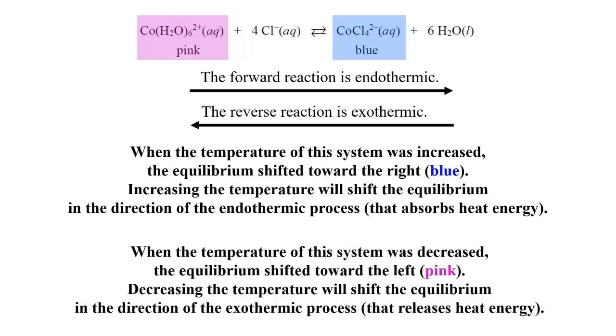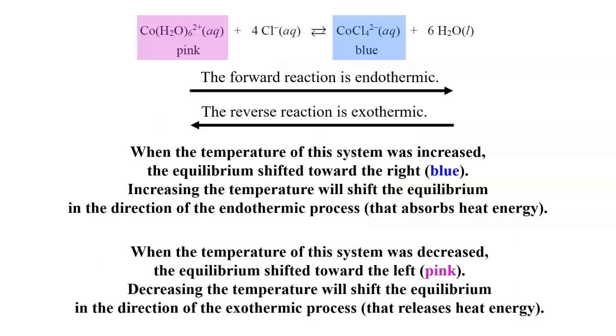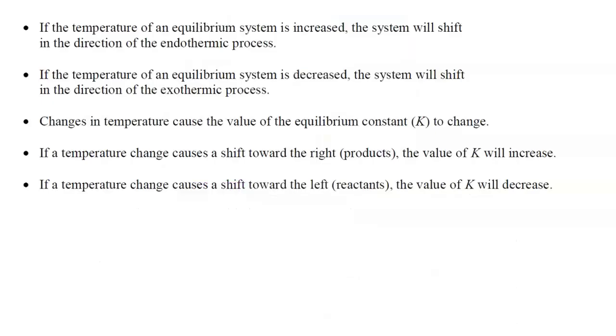And the reverse reaction is exothermic. So when the temperature is decreased, it shifted in the exothermic direction and turned pink. So number 16, part C, the answer is endothermic, as in the reaction as written from left to right is endothermic. All right, let me summarize temperature changes.